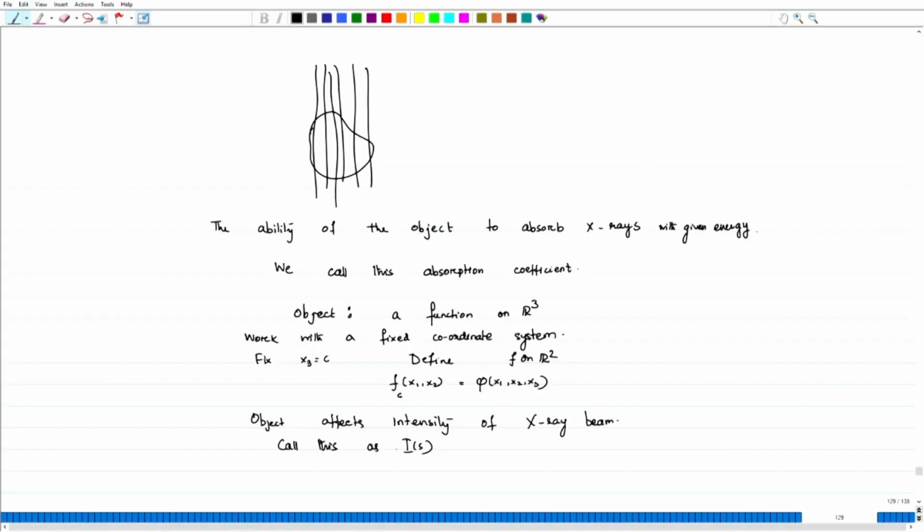Now, what we want to find is how the intensity changes from s to s plus some change delta s. For this we follow something called Beer's law, which says that dI/ds, the rate of change of the intensity, is nothing but phi of x times I. This is what Beer's law says.